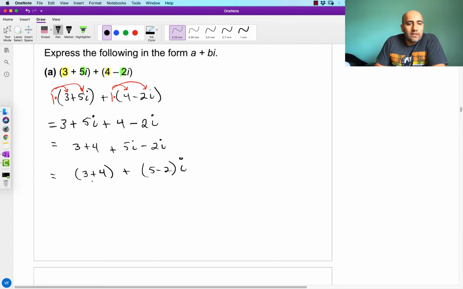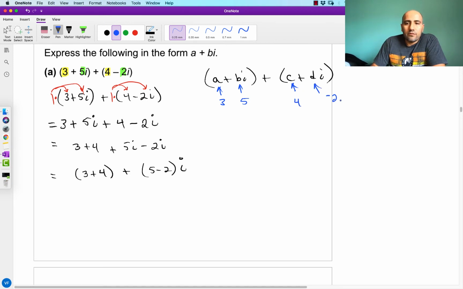So note that this is the a from here. If we had a plus bi plus c plus di, note that in this little example, this is the 3 and this is the 5, and this is the 4, and the d is negative 2.